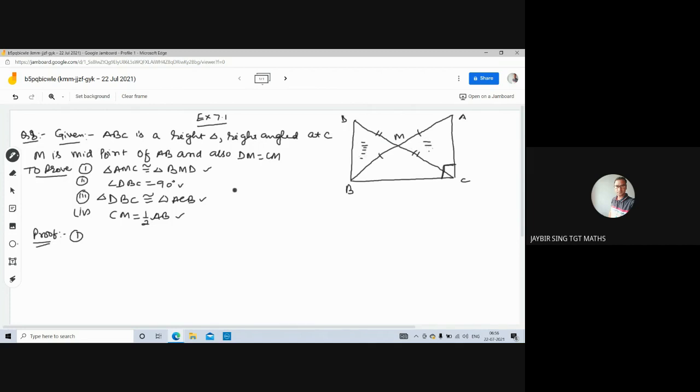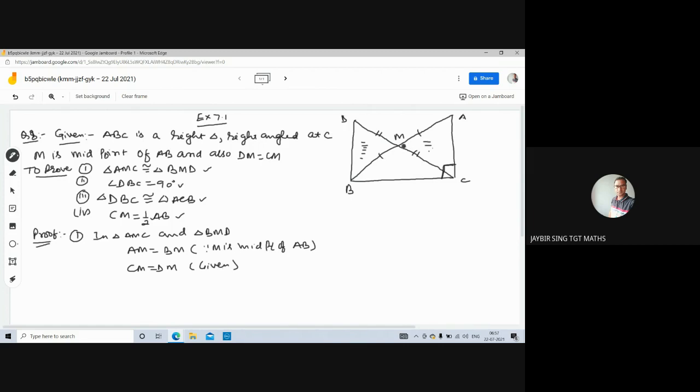So in triangle AMC and triangle BMD, first of all, AM is equal to BM because M is the midpoint of AB. Second, CM is equal to DM. This is given.